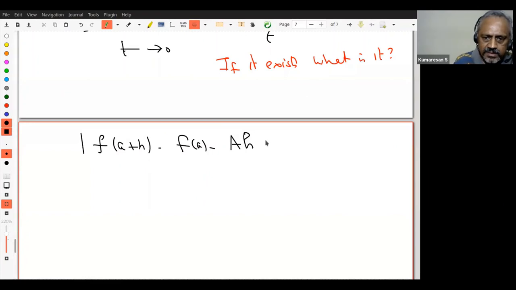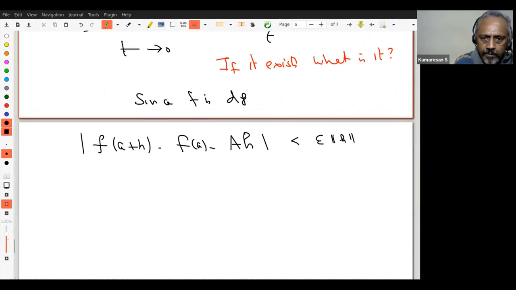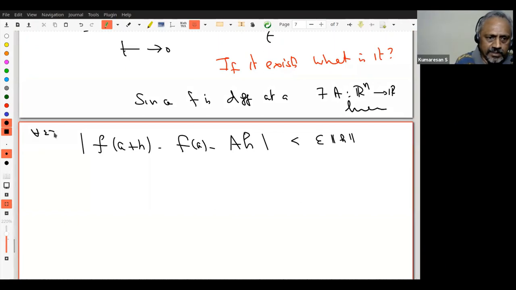So that this is less than epsilon times length of h. So for every epsilon greater than 0, there is a delta positive, so that this happens, right?